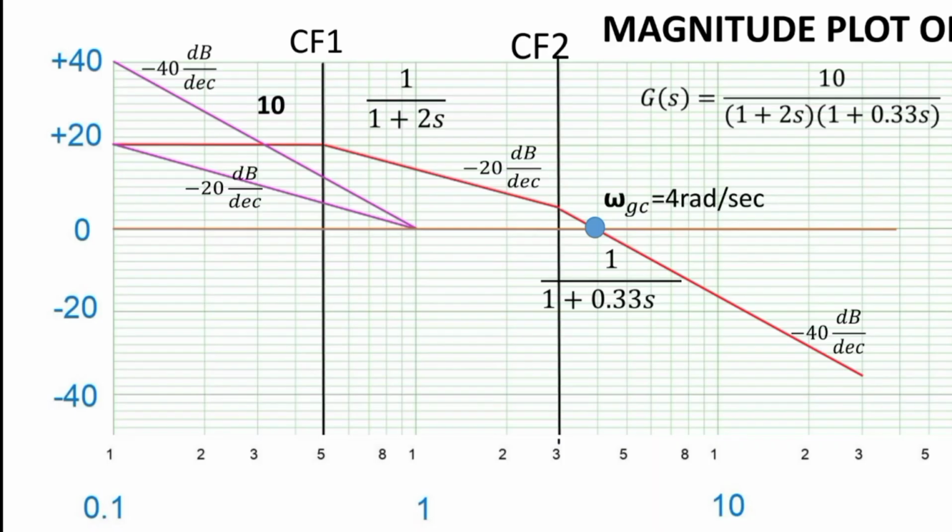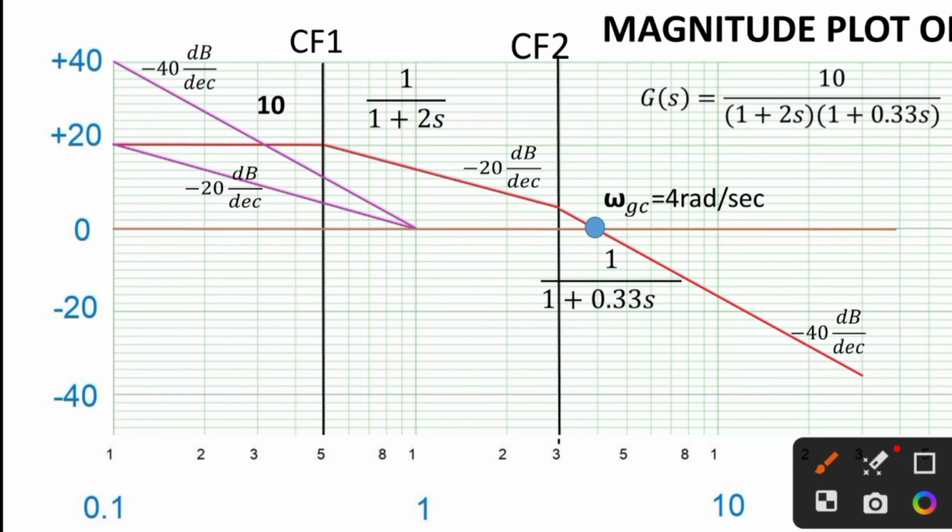Moving on to the next slide, it is the magnitude plot of the given transfer function G of s. First, we have marked the corner frequencies CF1 and CF2 in the given semi-log sheet.